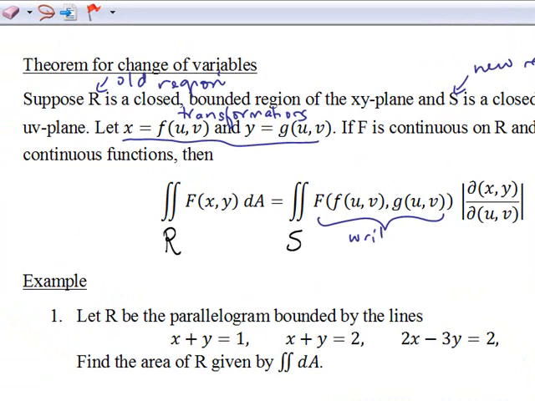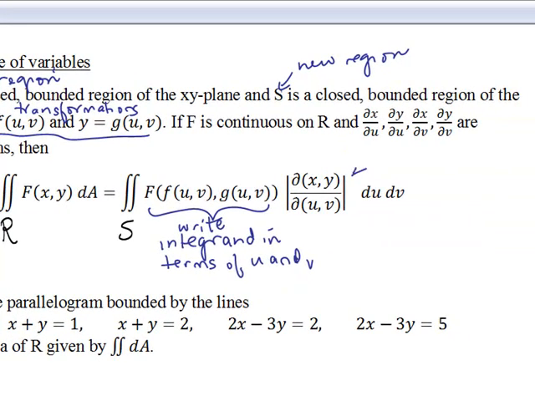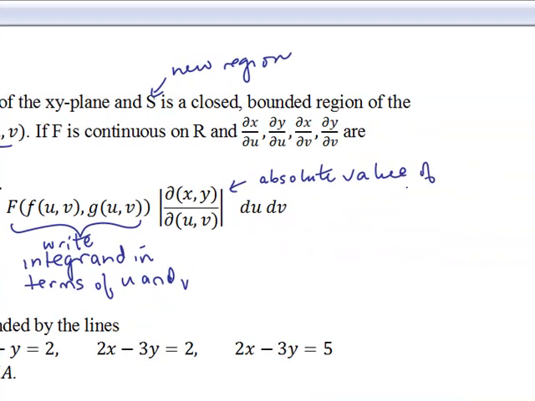So write the integrand in terms of u and v, and then multiply, note what you multiply by, the absolute value of the Jacobian. Very important, okay? So you multiply by the absolute value of the Jacobian. So this is the theorem that we are going to use from now on.